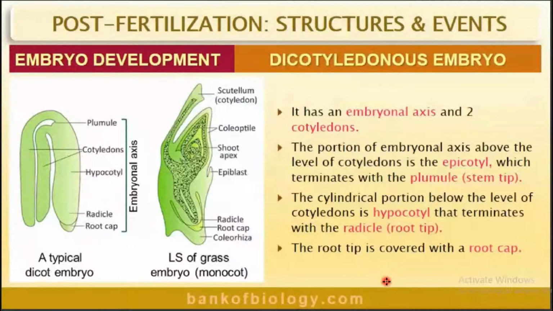Then you have to study the structure of a typical dicot embryo as well as the monocot embryo. This is the dicot embryo and this is the structure of the monocot embryo. Whether dicot or monocot, it has an embryonal axis and cotyledons. In the case of dicot, there are two cotyledons present.